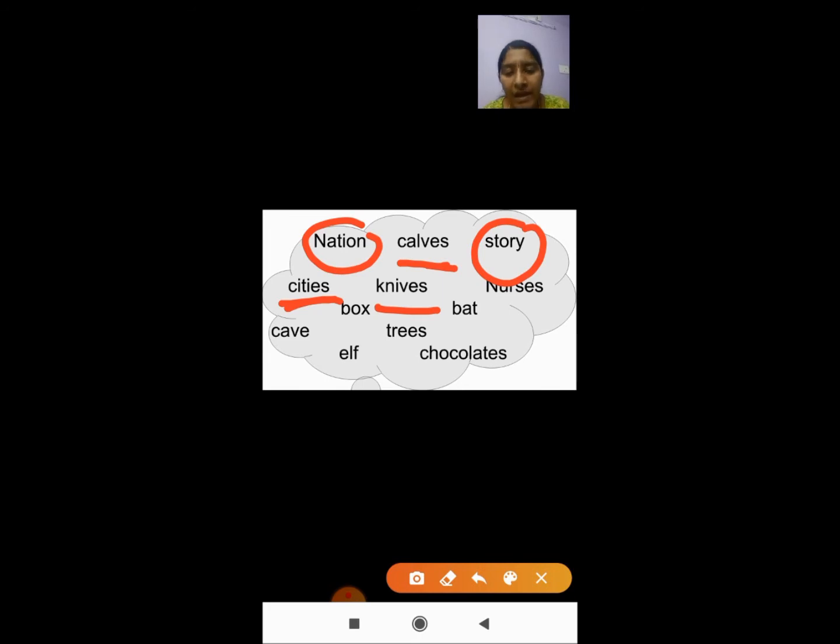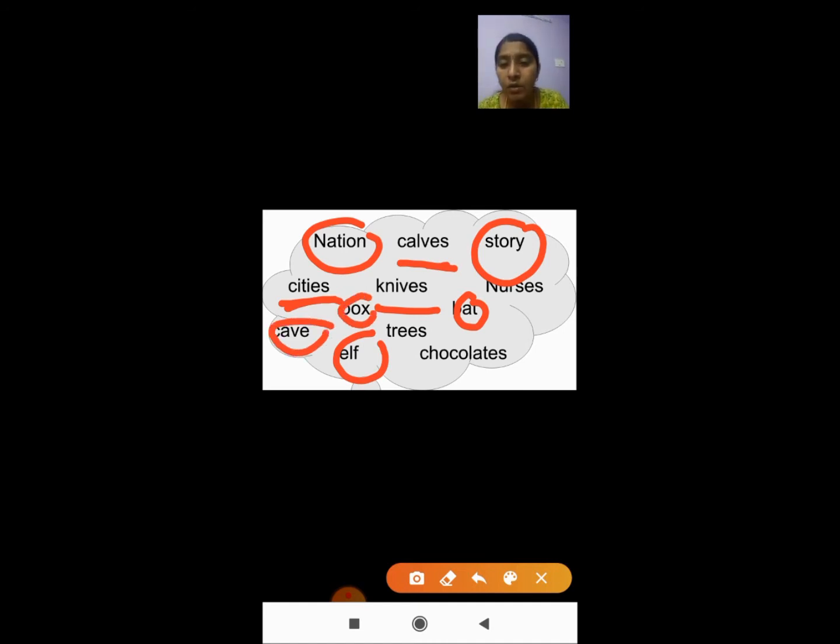Okay, and then you have bat, only one, so it is also singular. And elf, we have only one elf, so it is singular. Cave also we don't have any ES, IES, VES, anything, so it is also singular.